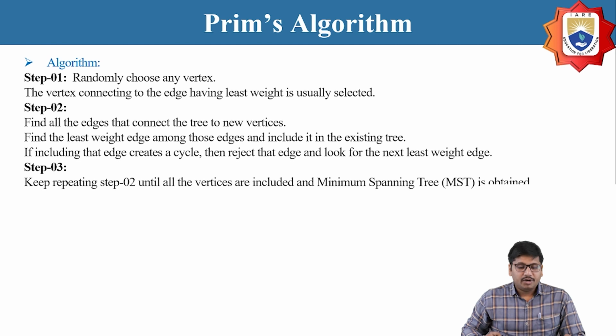We have to find all the edges that are connected to the new vertex and find the least one. If including that edge is going to create a cycle, we do not take it; otherwise, we look to the next least edge weight. Repeat step 2 until all the vertices are included and the minimum spanning tree is obtained.